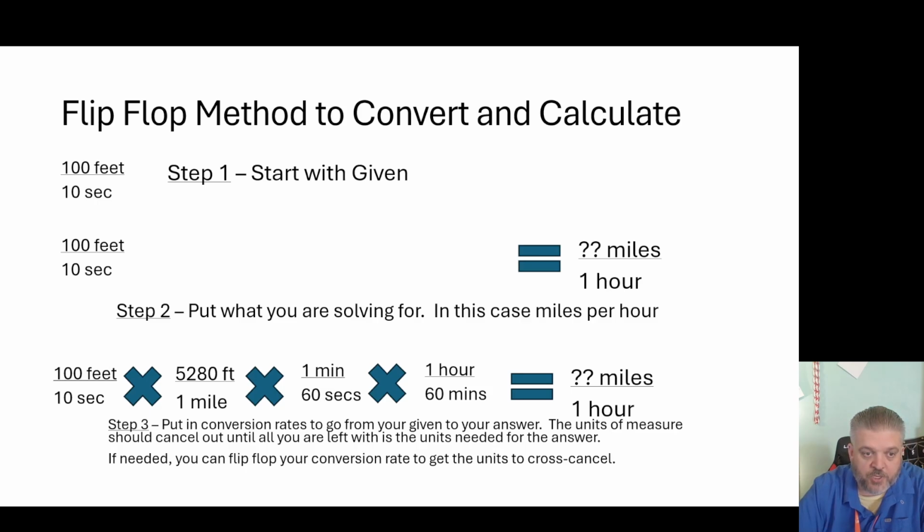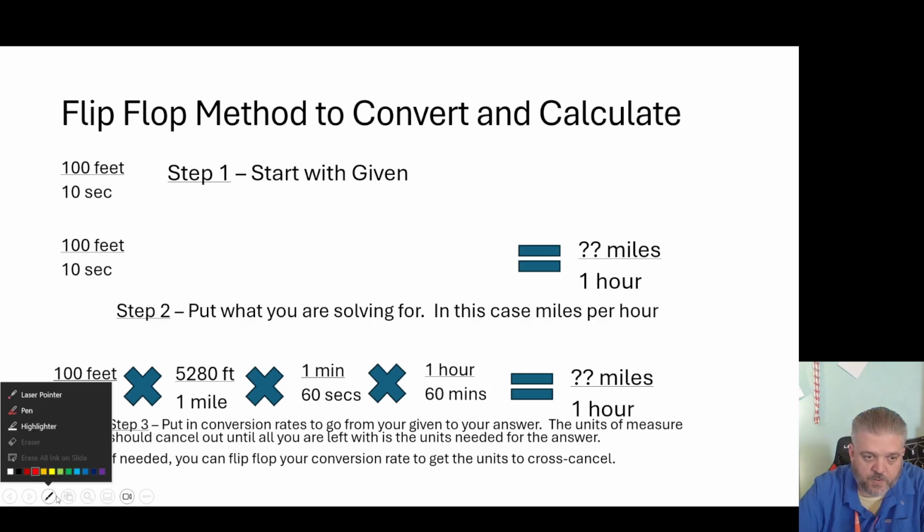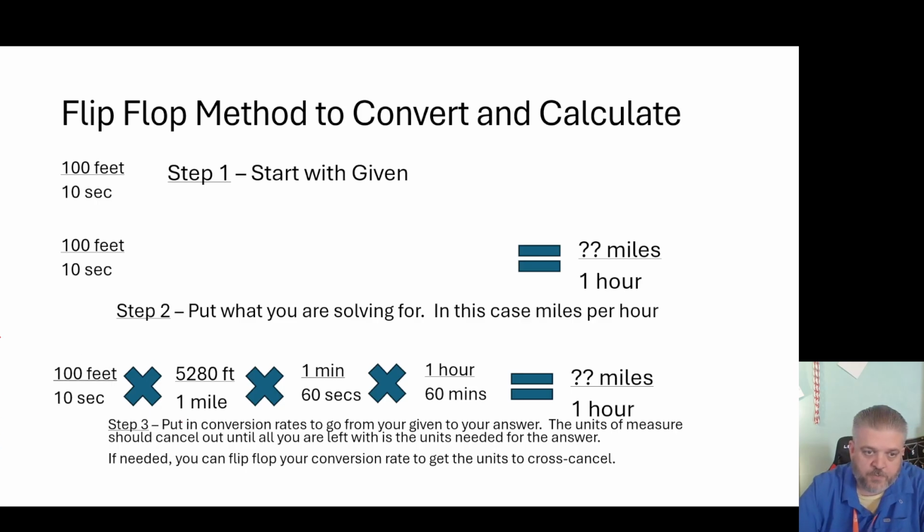You'll put your conversion rates down here. Let's grab my pen tool. We're going to use red. Since I started with 100 feet over 10 seconds, and I'm trying to go to miles per hour, I know I need to convert feet eventually to miles.